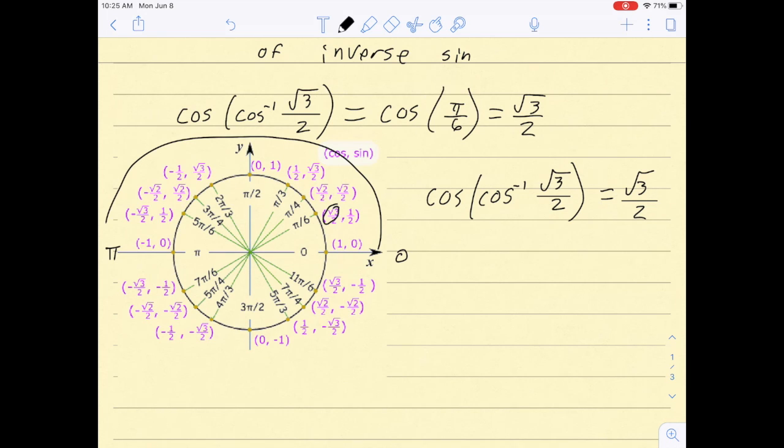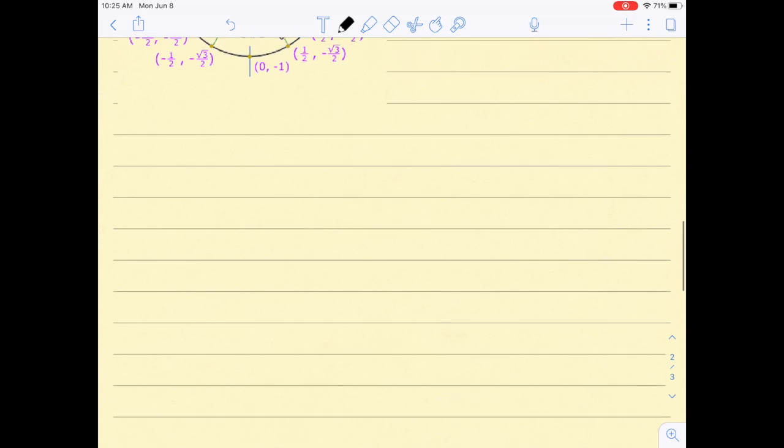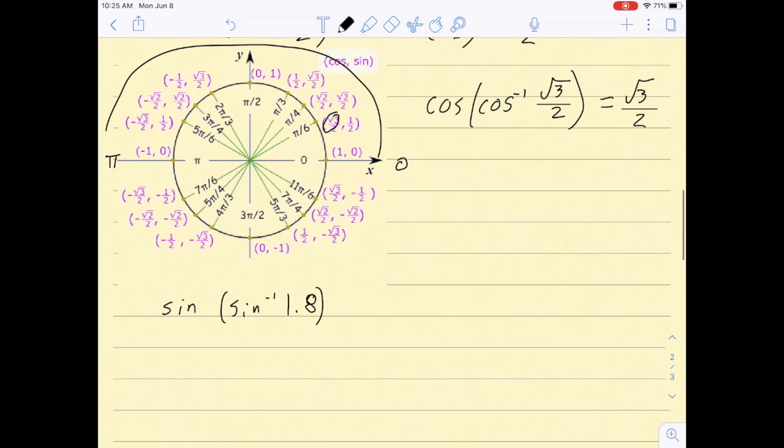So, look at that second one, though. So the second one is sine of the inverse cosine of 1.8. Now, notice that 1.8 is greater than pi over 2.